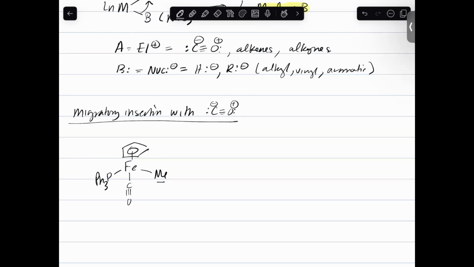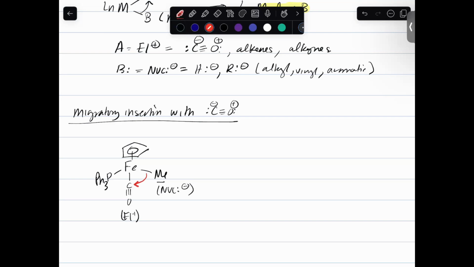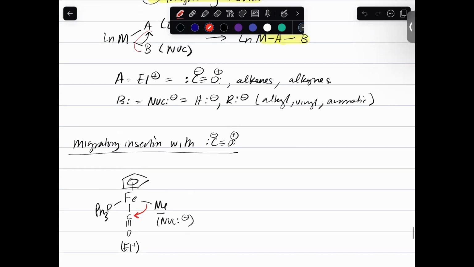So we already know that they are our nucleophiles, our negatively charged systems. Not surprisingly, our carbon monoxide is our electrophile. And so just like we had before, let me put this in red. My nucleophile attacks my carbon monoxide, just like we did before.